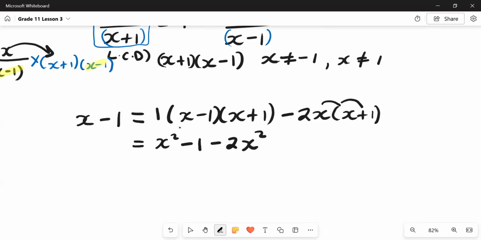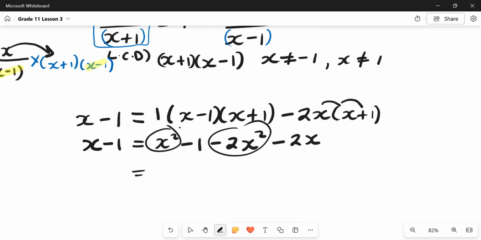And then minus 2x equals to x minus 1. Right? Now, take care of these two. That's minus x squared. And then minus 2x, which is this part here.